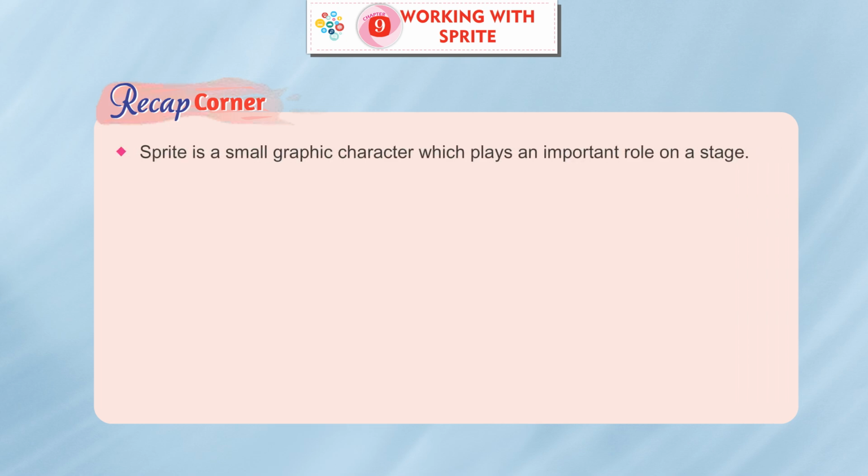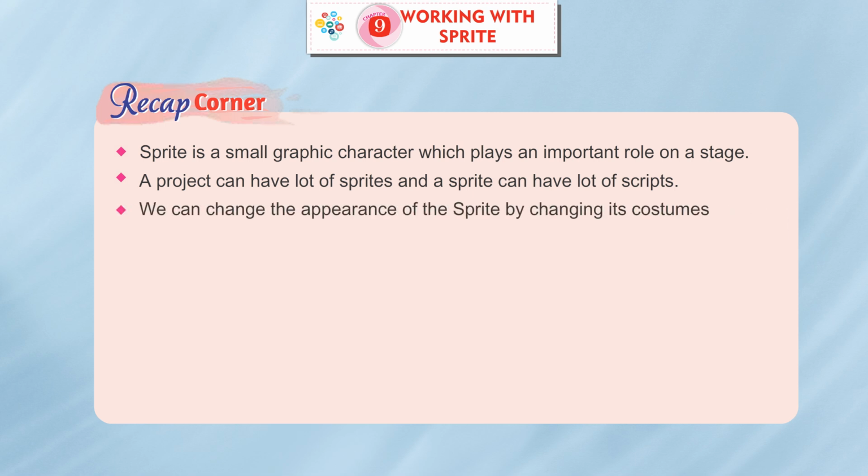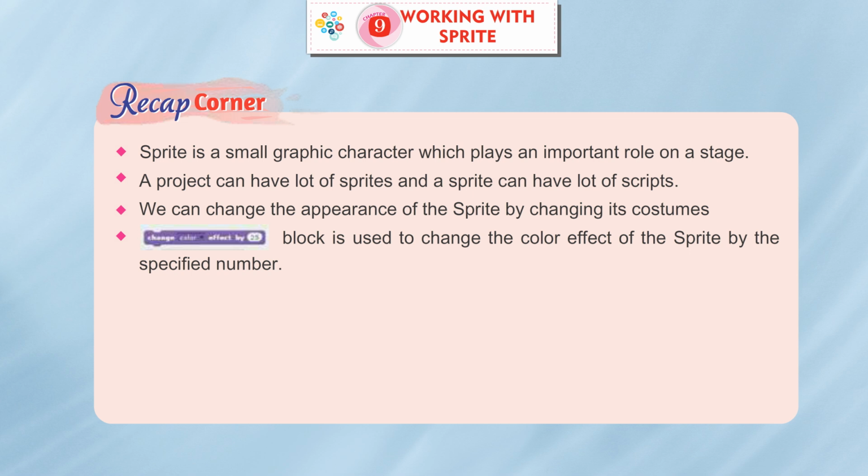Recap corner. Sprite is a small graphic character which plays an important role on a stage. A project can have a lot of sprites, and a sprite can have a lot of scripts. We can change the appearance of the sprite by changing its costumes. Block is used to change the color effect of the sprite by the specified number.